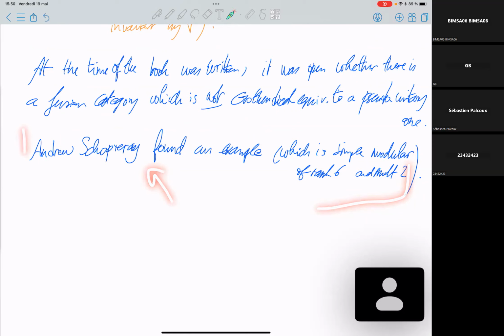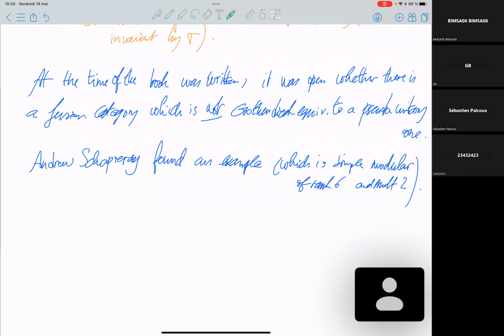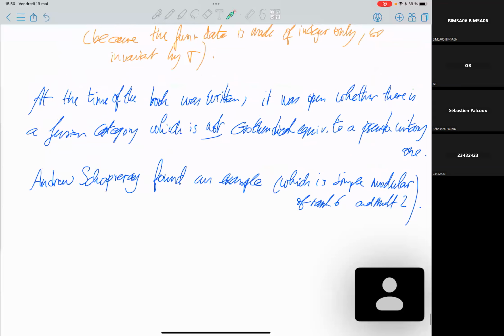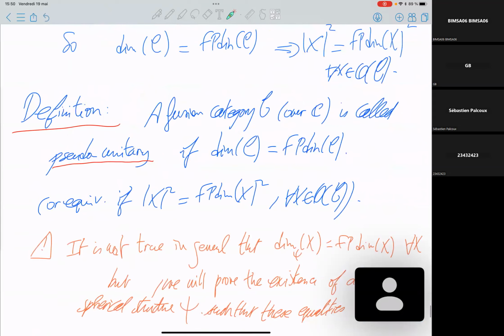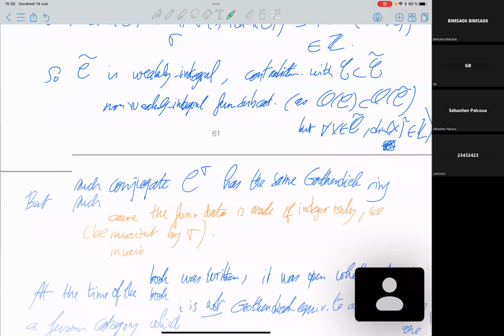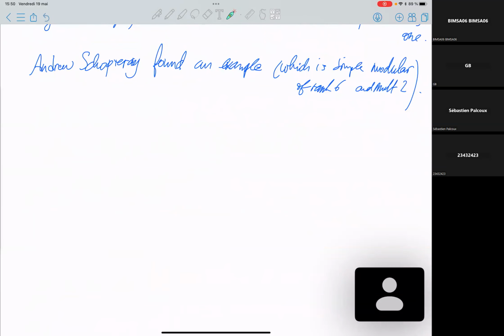I'm not sure whether it's easy to do. Anyway, okay, that's okay for this list of possible examples and counterexamples about pseudo-unitary up to conjugate or up to Grothendieck equivalence.